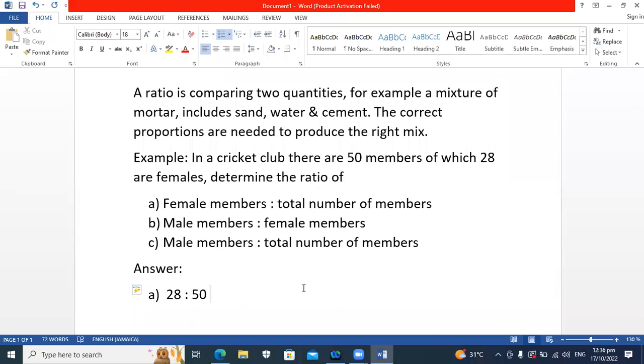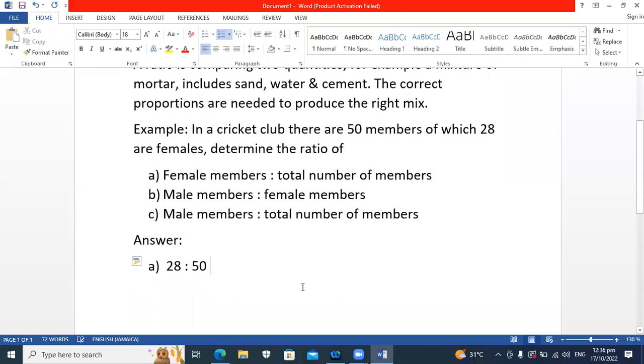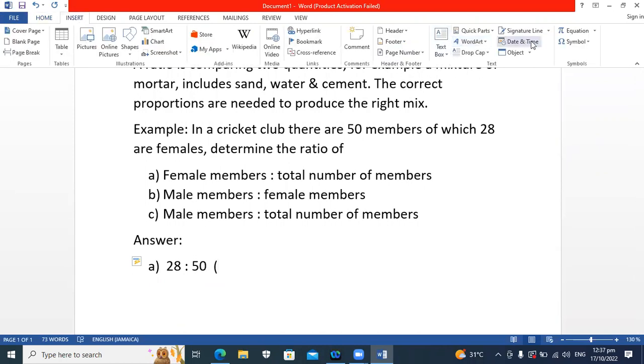However, when we are doing ratio, we always try to reduce the ratio to the simplest form. As you can see, 28 and 50, 2 is the highest common factor, not true? So we're going to divide everything by 2.